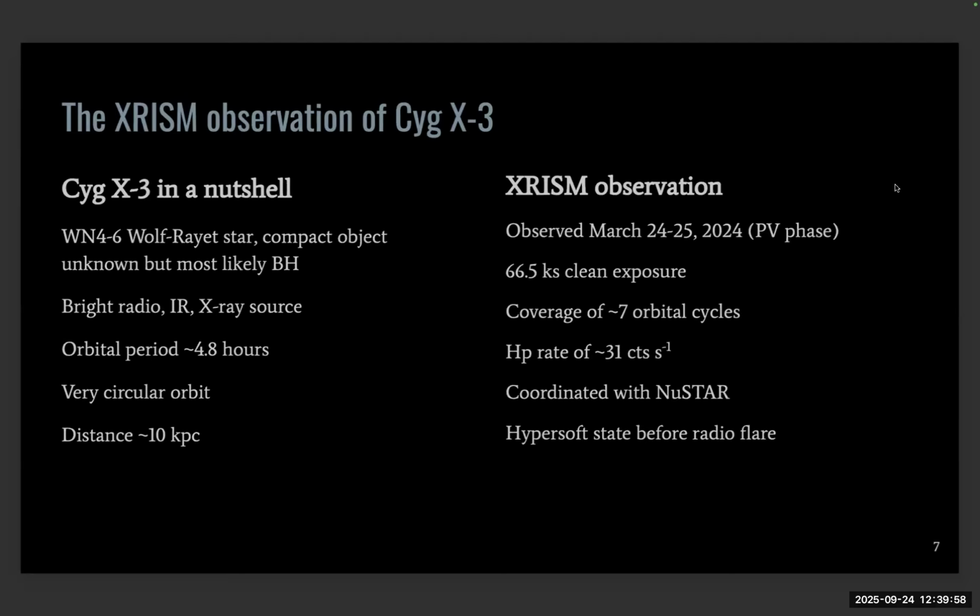So it's a massive evolved star that's characterized by depletion of hydrogen and very strong optically thick stellar winds and high mass loss rates of the order of 10^-5 solar masses per year. So the X-ray source is quite obscured by the stellar wind, and it orbits the Wolf-Rayet star in a close, tight orbit with an orbital period of a little less than 5 hours.